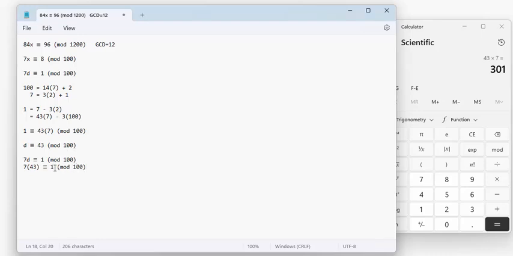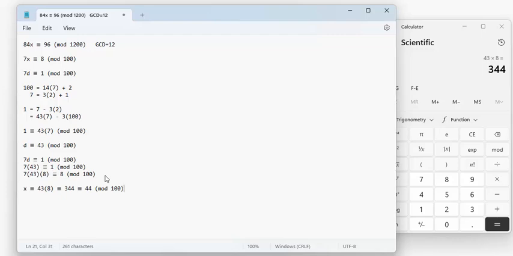To get a remainder of 8, we multiply both sides by 8, so congruent to 8 in mod 100. In that case, x is congruent to 43 multiplied by 8, congruent to 344. This in mod 100 is 44. Alright, mod 100, and that is it.